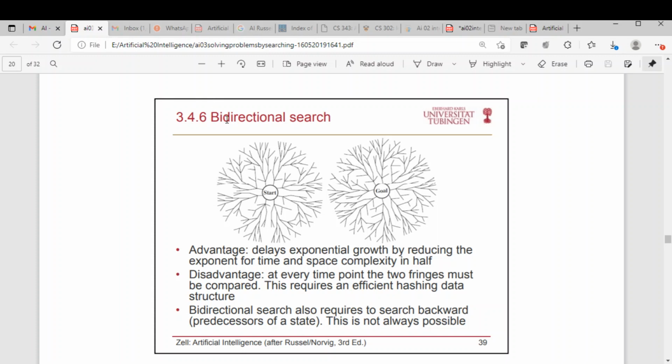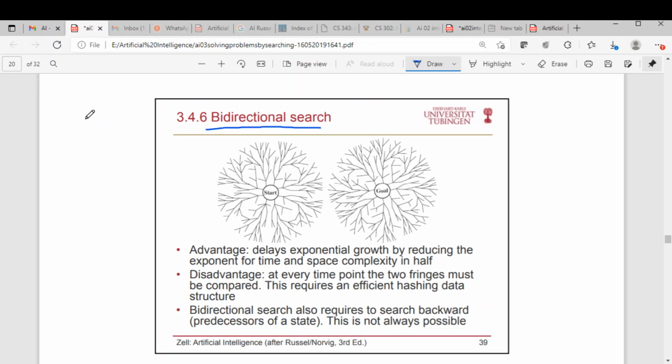So a bidirectional search is something like this. As the name says, the search goes in two directions. So basically it will maintain two frontiers. One is called frontier F, which continues the search in the forward direction, and the other will be frontier B, which will continue the search in the backward direction.